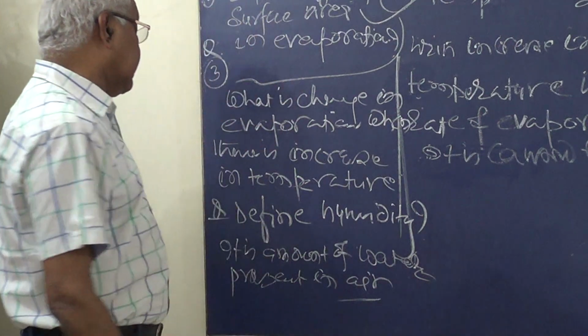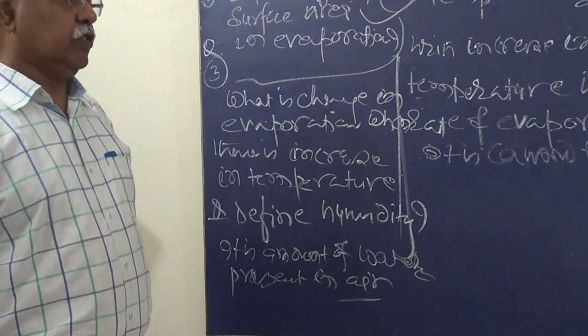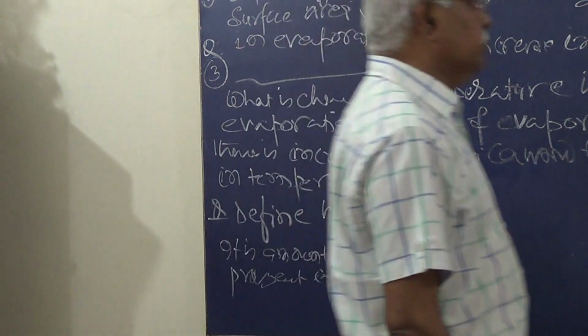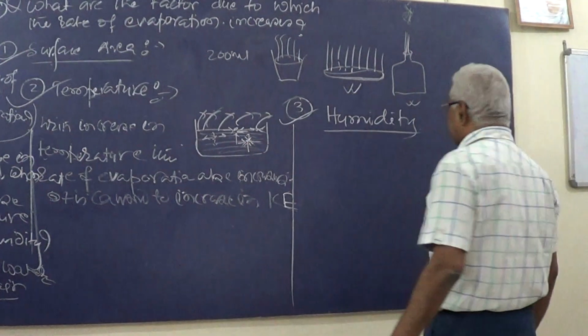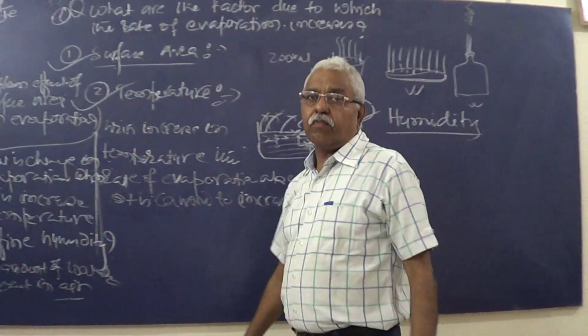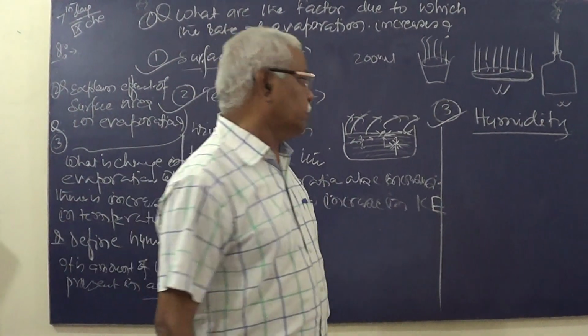The amount of water present in the air is known as humidity. Now you have come to know what humidity is. Now we will take a special example which you can view experimentally.